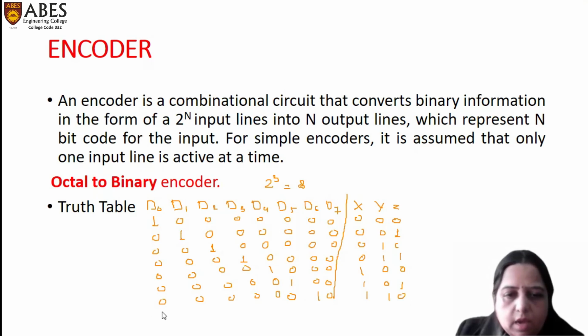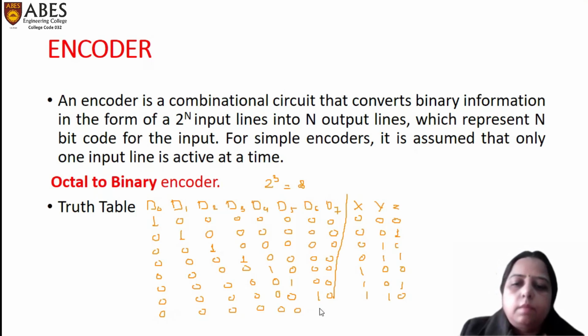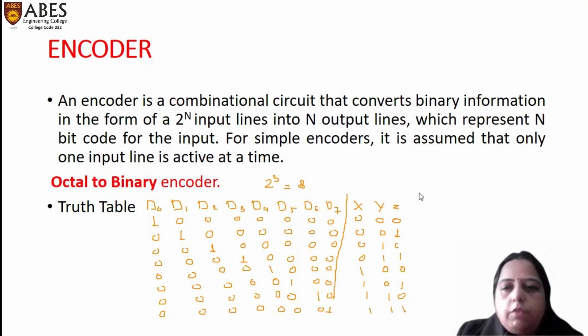And for the last case, D7 will be 1, and therefore the output will be 1, 1, 1.